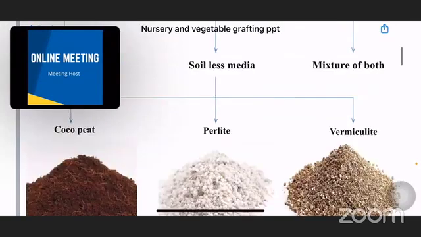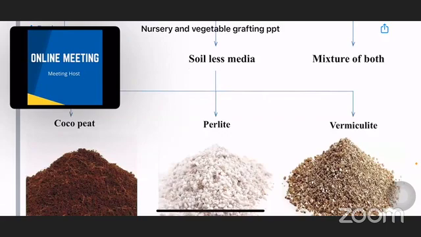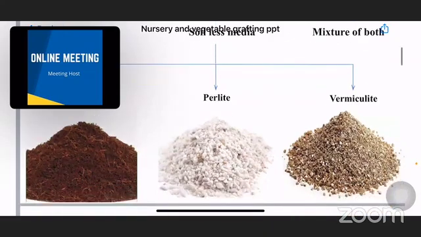Coco peat is very commonly used for vegetable seedling production because it is sterilized. It is prepared from coir pith and has higher water retention capacity than soil, which helps the growth and development of vegetable seedlings. Perlite and vermiculite are used for hydroponics and other growing, but the commonly used growing media is coco peat.